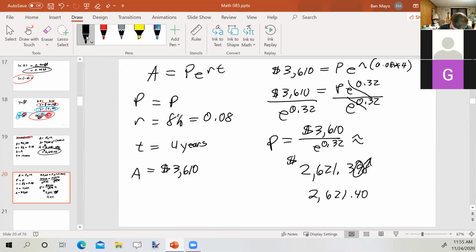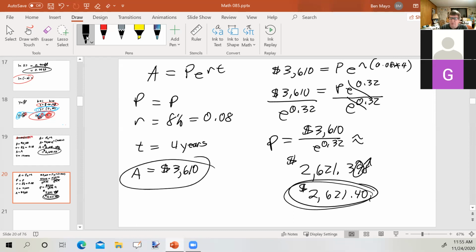So I'd get 2621.40. So if you invested this much at 8% for 4 years compounded continuously, you'd end up with that much. But here they're having you work backwards. So we had this at the end. How much did we start with? Is what that's asking. You all right with that? Yes.